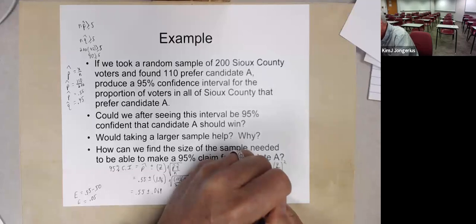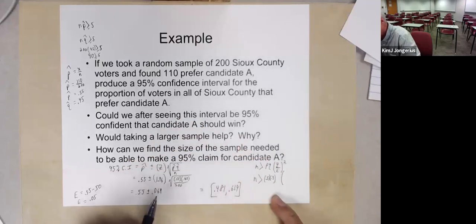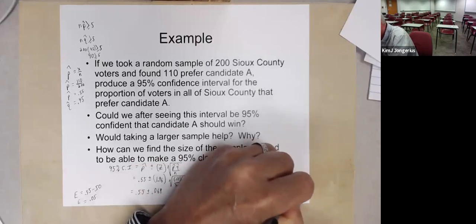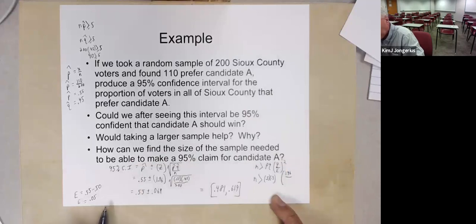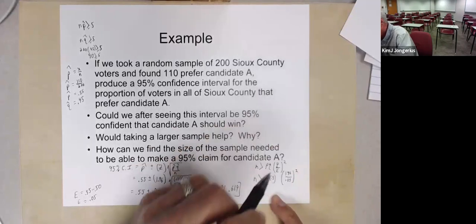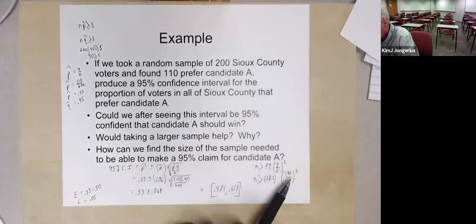My Z-score is going to be the same 1.96 divided by that allowable error that we found a moment ago, 0.05, quantity squared. Again, I want to remind you it's really easy to forget the square here.